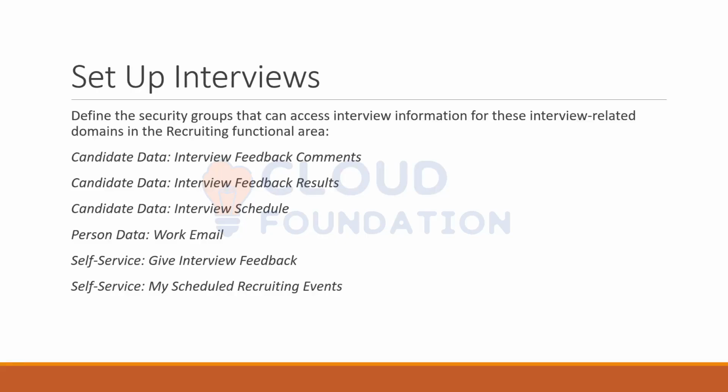Interview feedback results: who will be able to see the results, who will be able to schedule an interview, who will be able to get access to the person's data regarding the work email, and which security groups will be able to see the candidate's interview feedback. Then scheduling recruiting events: who can view all the events related to interview recruiting and scheduling the interviews in recruiting.